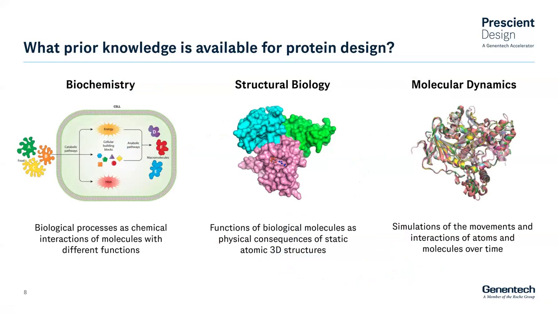So we move down the level of resolution here, where at a higher level, in biochemistry, you're thinking about cells as systems of molecules and chemical reactions. You're not really looking at things at an atom-level resolution, but this is where a lot of the understanding comes into play to do things like target discovery.